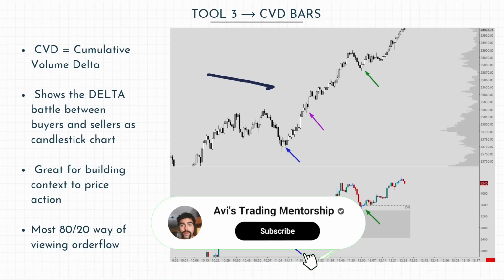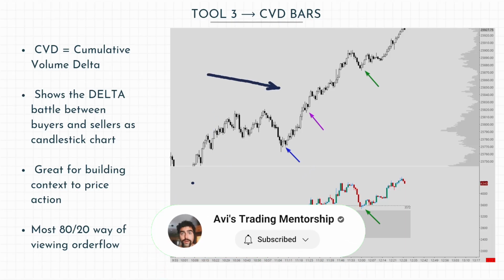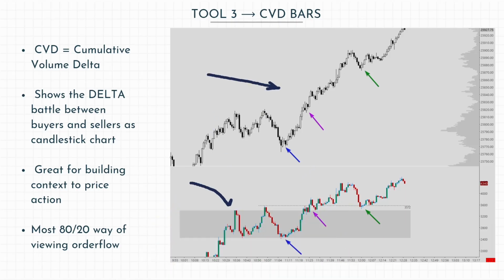This right here is a candlestick chart, and underneath that, where some people have volume sticks and all that, I have CVD. CVD is cumulative volume delta, so it's just delta. It shows the delta battle between buyers and sellers as a candlestick chart.